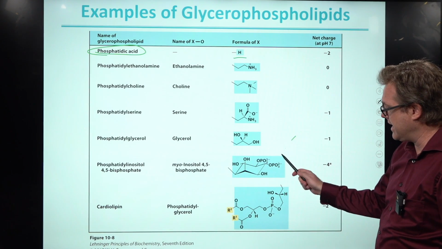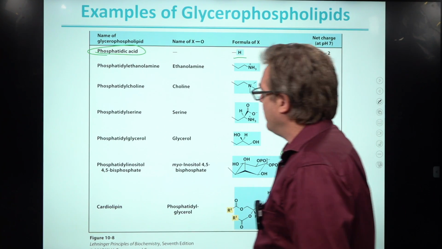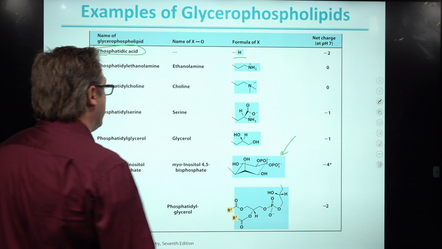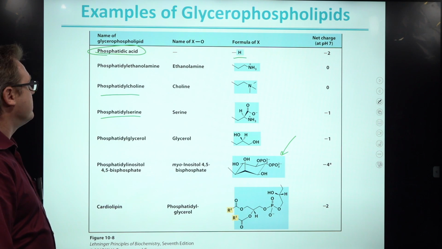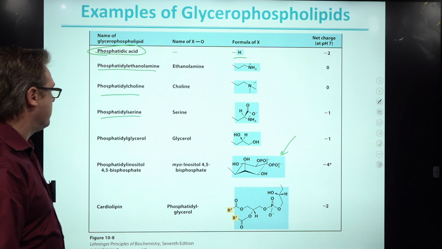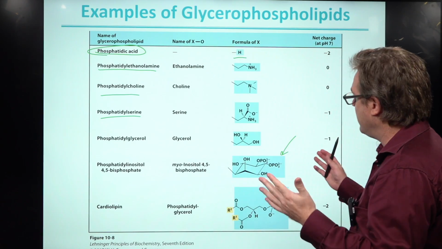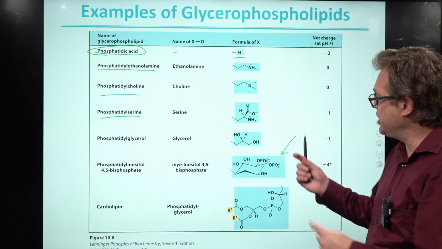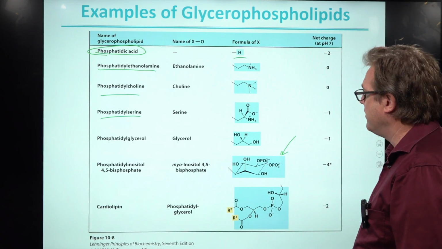Here you see we're attaching a sugar. A very prominent one that we're going to talk about are these guys right here, and even this one. So just the head group, changing it up a little bit, is going to give us a different variety of the lipids.